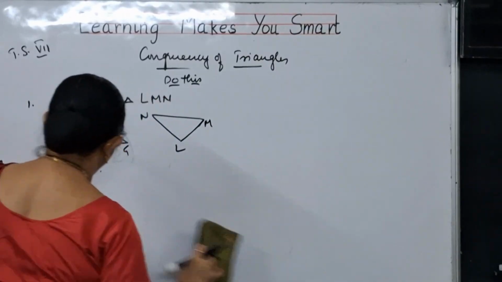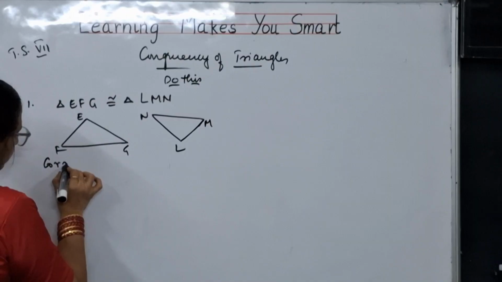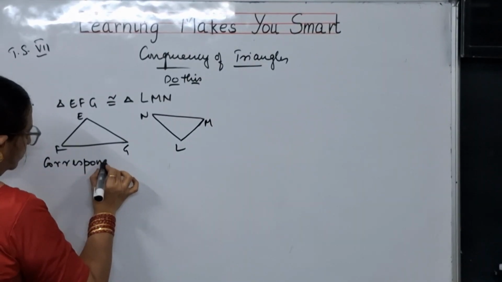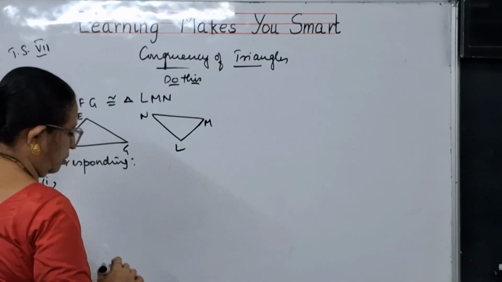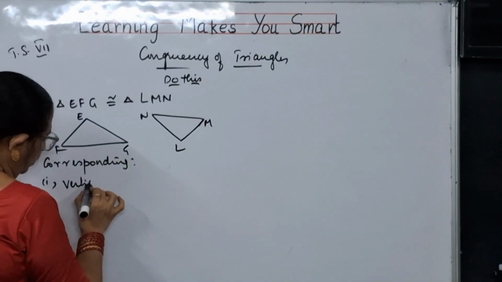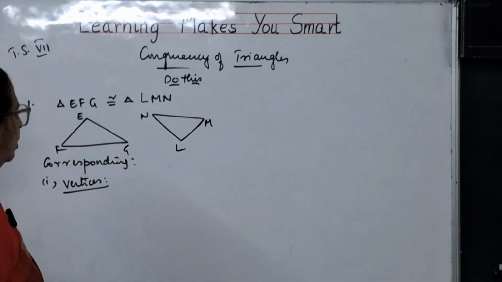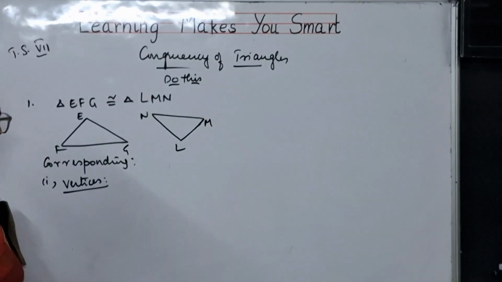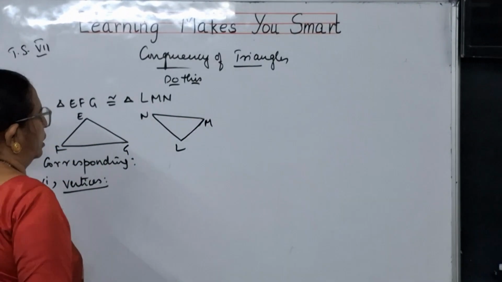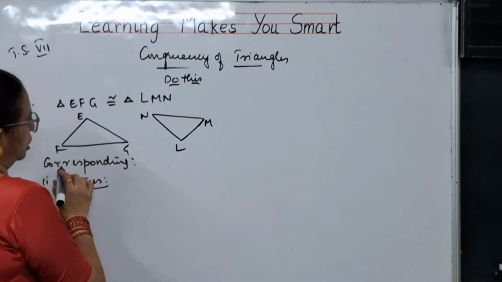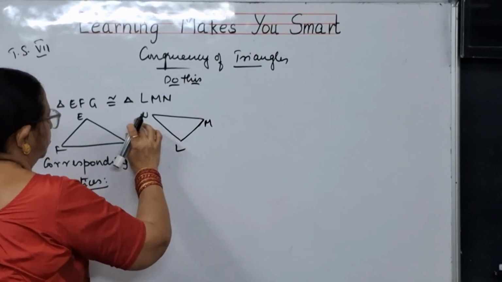So first we will be talking about corresponding vertices. First, they asked about vertices. What are vertices, children? Vertex is singular, vertices are plural. In this case, see, this figure is tilted. Since they said that they are congruent, definitely we have to take EFG as LMN.